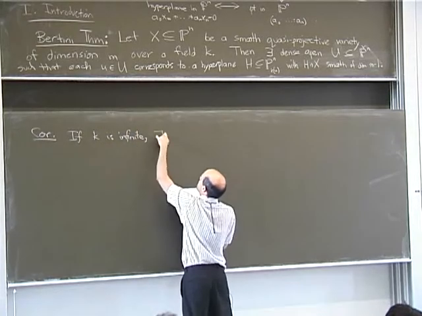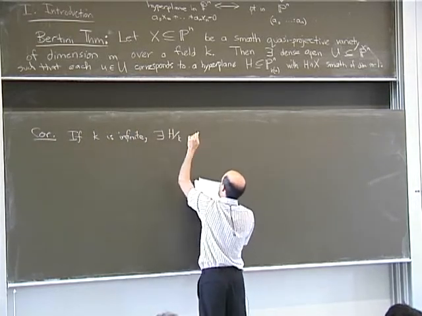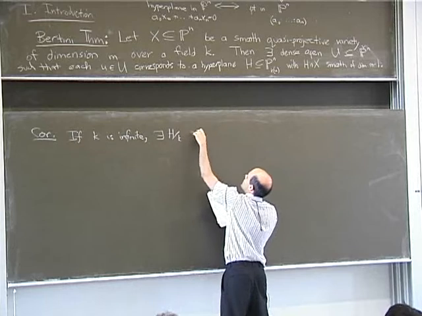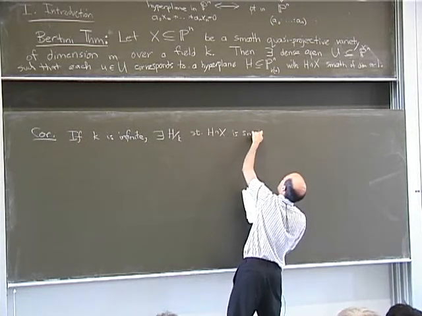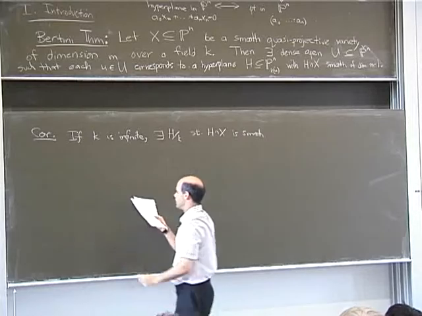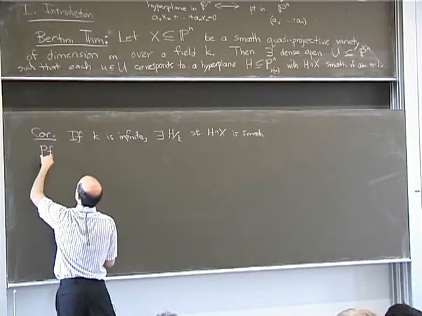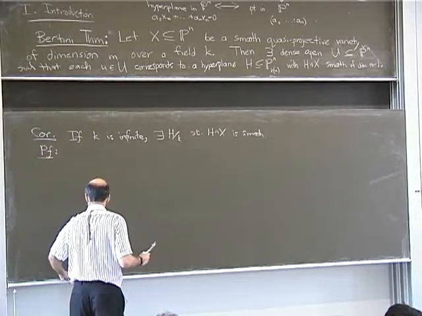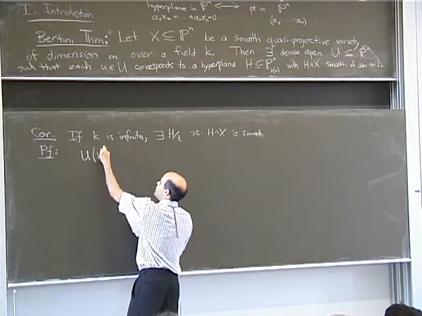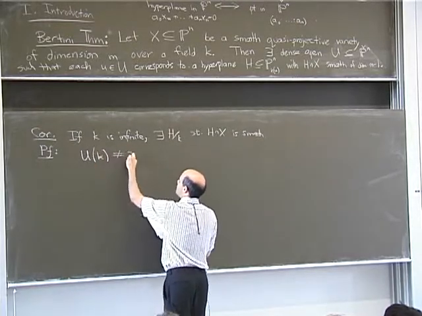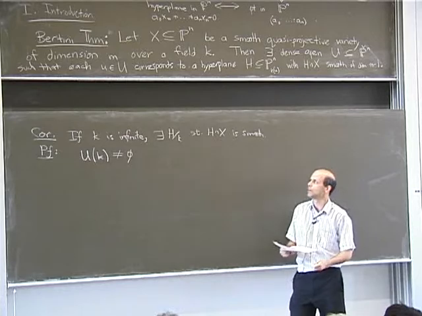Then you can say, yes, there exists an H defined over K such that H intersect X is smooth. The proof is simply that the K-rational points are dense in the projective space. So in particular, U must have at least one K point.